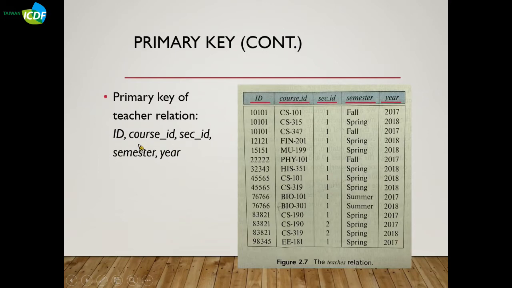In other words, all the attributes of this table combine into the primary key. So this primary key is also regarded as a composite primary key and consists of all the attributes of this table.